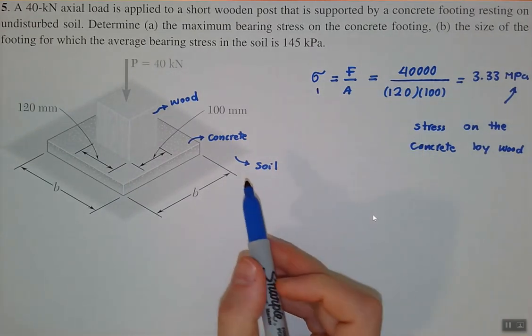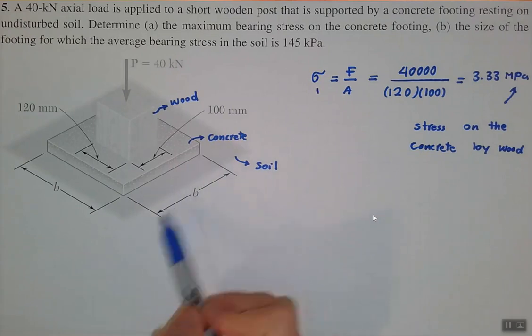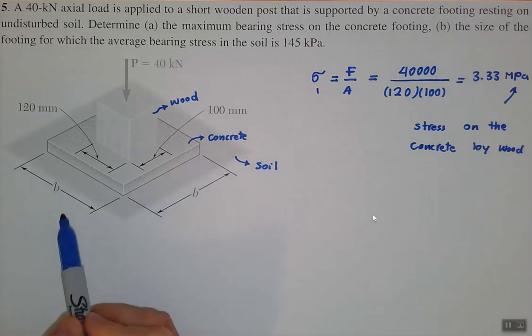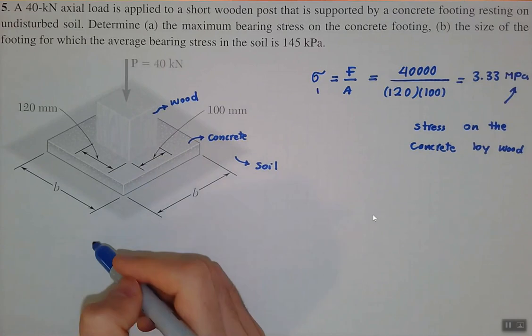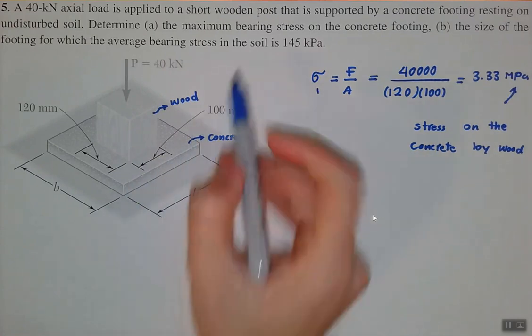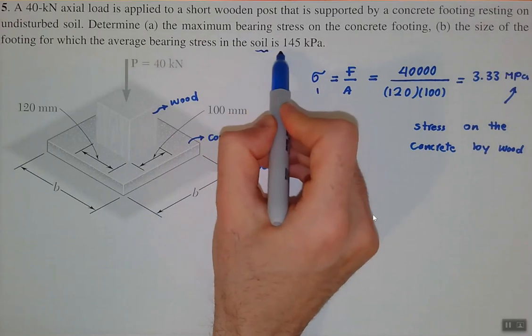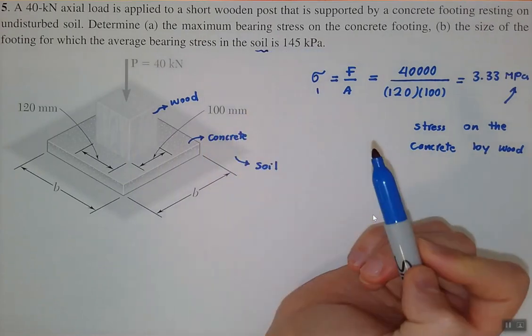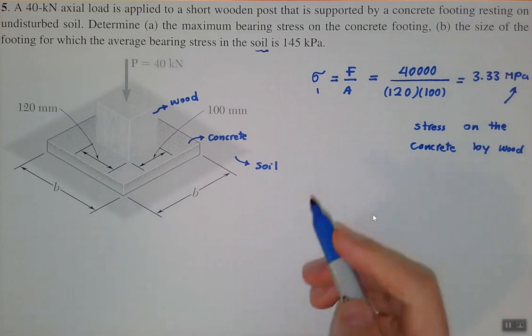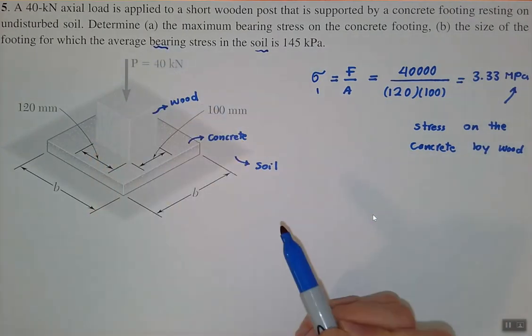The second part of the question is asking us to find the distance B for the concrete, so that the stress on the soil does not exceed 145 kilopascal, right? It's called the bearing stress.